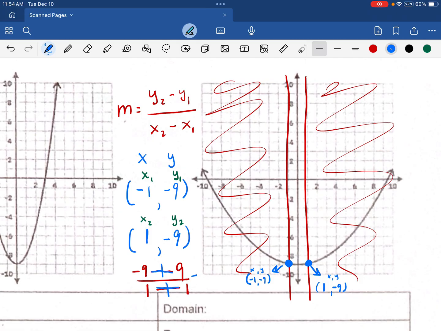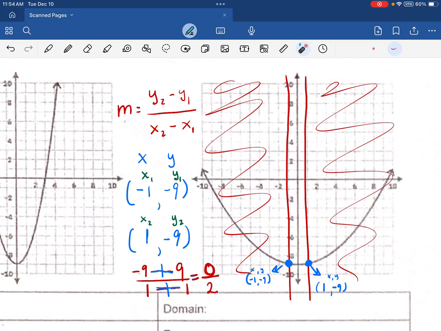Perfect. All right. So this is then going to equal, let me switch back to red here. Here we go. Okay, this is going to equal -9 plus 9. Well, even if I type that into a calculator or if you just do it in your head, that is going to equal 0. Divided by, or over, 1 plus 1. I hope you guys can figure that one out. That's going to be a 2.